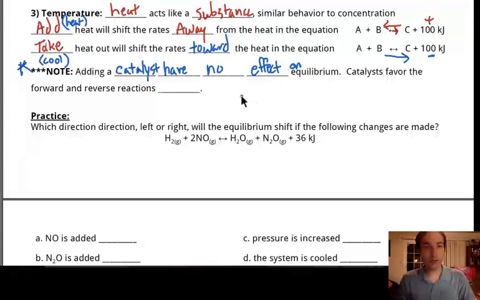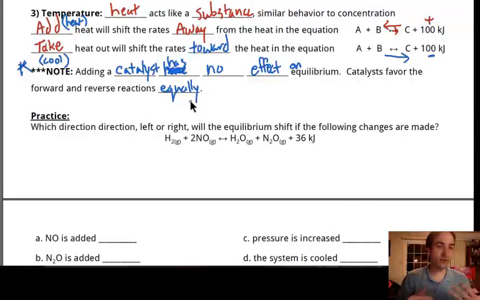Adding a catalyst has no effect on equilibrium. Catalysts favor the forward and reverse reactions equally. Just like how inert gases cause the same amount of interference for the forward and reverse reactions, catalysts speed up the forward reaction as much as they speed up the reverse reaction, so the overall change is zero.